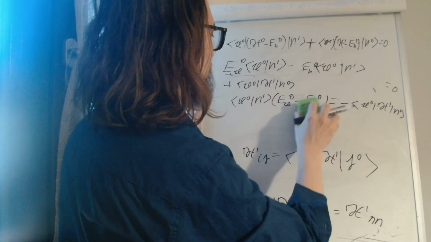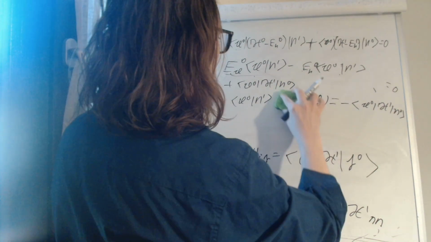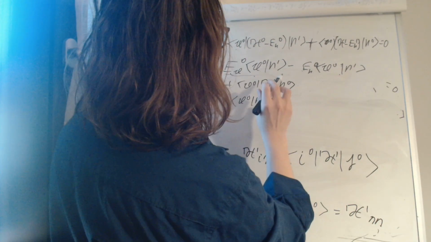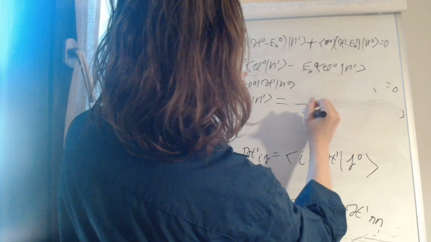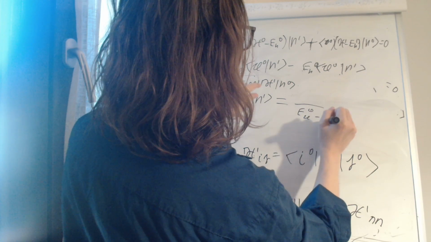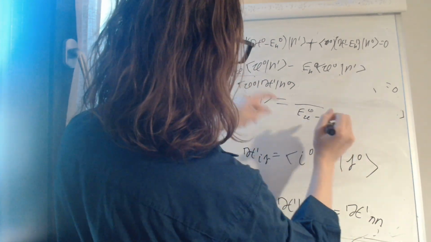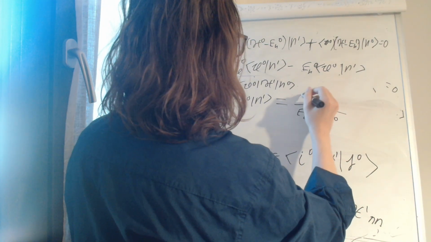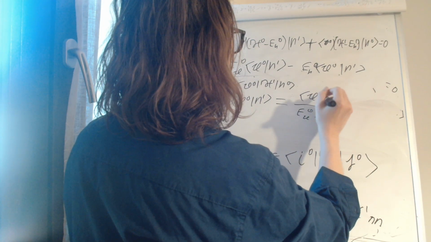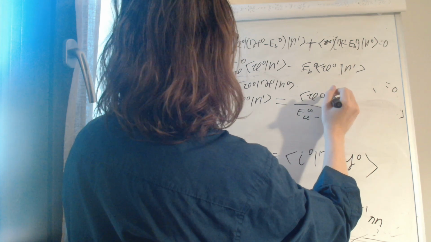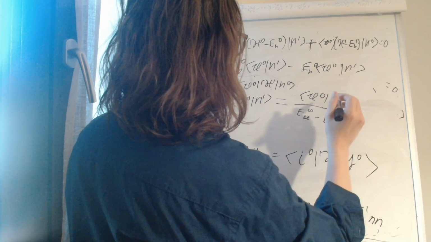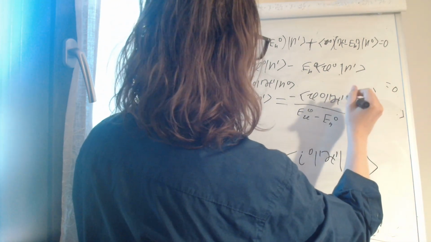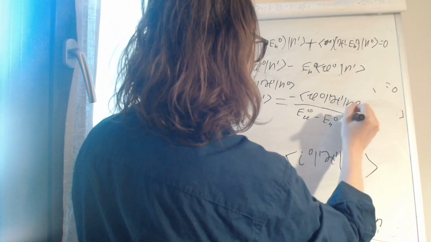Now we divide both sides. I write everything better here. We divide by ek0 minus en0, and here we have k0 n1 equals minus k0 h1 n0 over it.